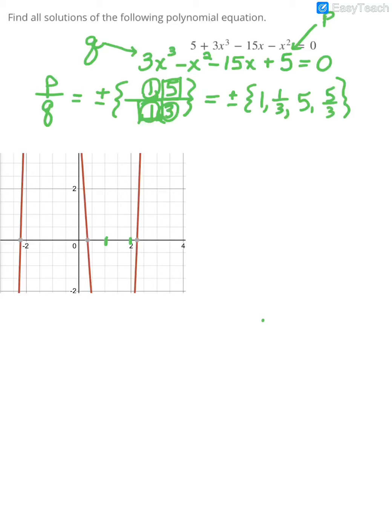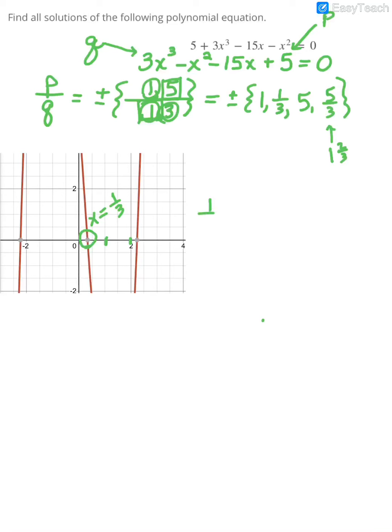And so if I think about this particular fraction, in terms of a mixed number, that would be 1 2/3. Whereas I've got this other fraction that is 1/3. And so it appears that, based on my list, the possible solution is 1/3.